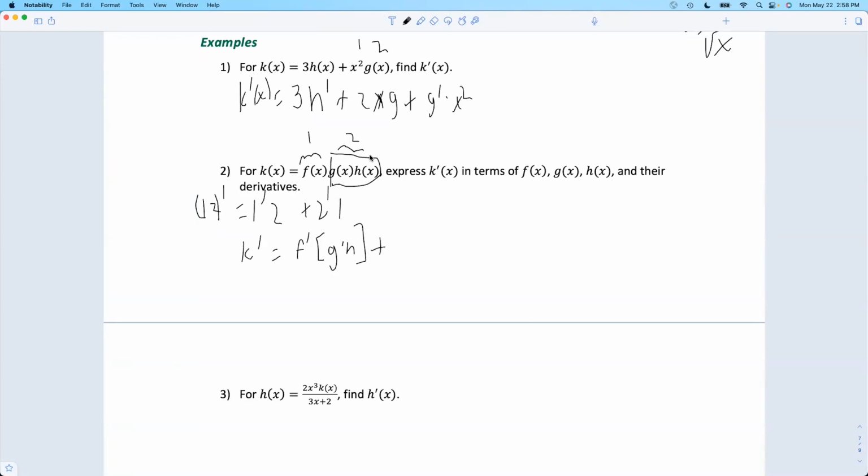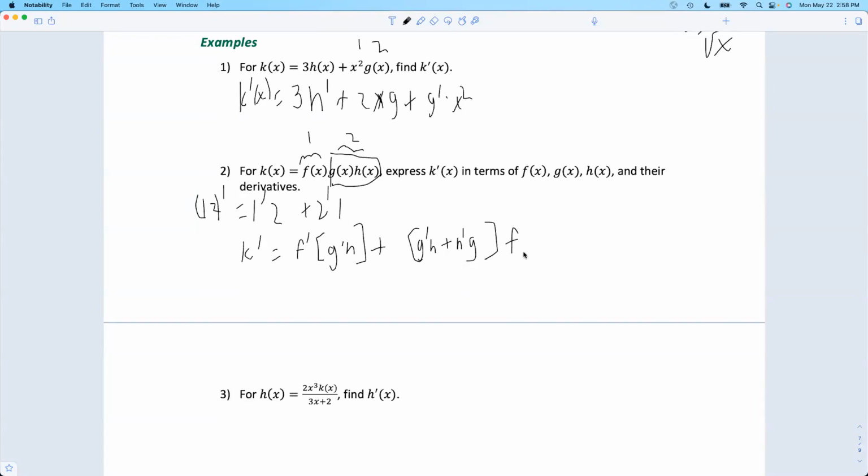Plus derivative of the second. Oh no. I've got to do product rule here on these 2. So what's the product rule derivative of these 2? Derivative of the first, leave the second alone, plus derivative of the second, leave the first alone. All that's times, leave f alone.